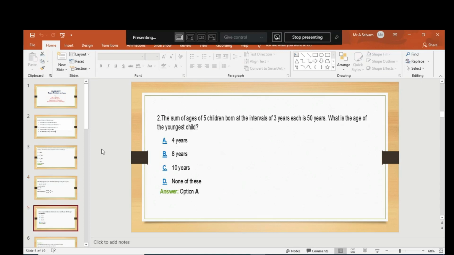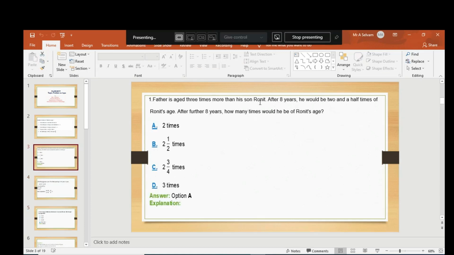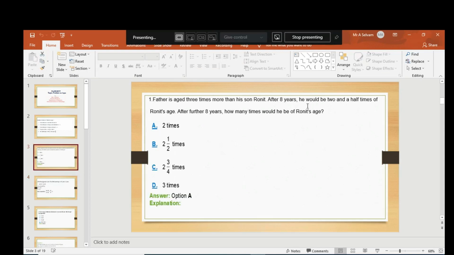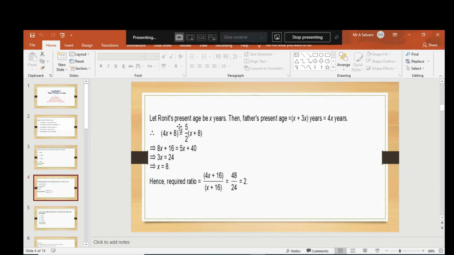So 4x plus 8 after 8 years. Look at the question: after 8 years, he would be 2.5 times Ronit's age. 2.5 times we can write as 5 by 2, into x plus 8, where x is Ronit's age.